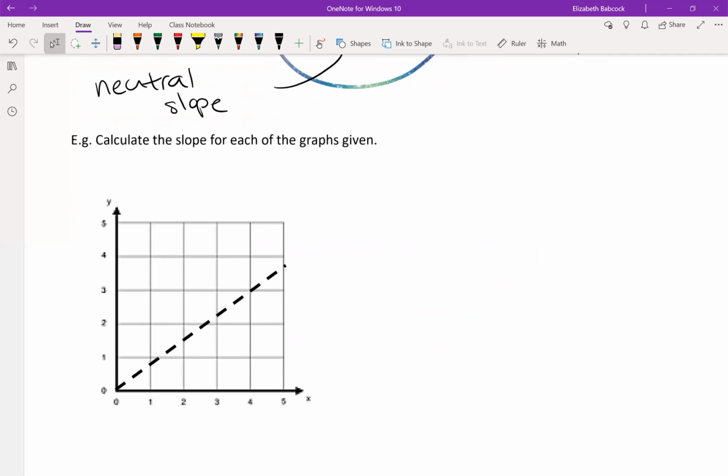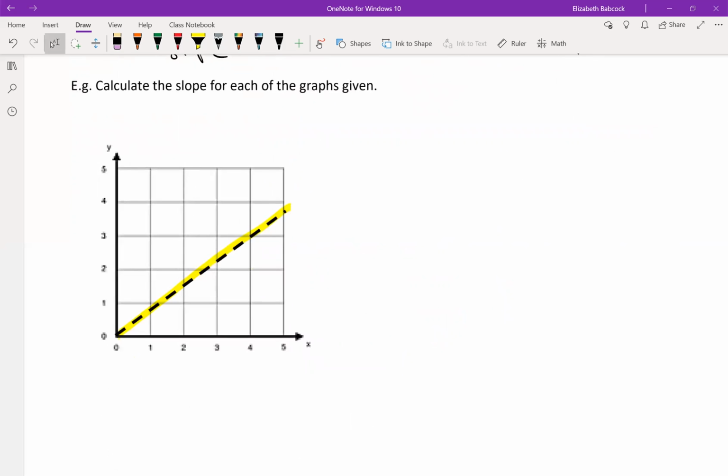So in order to calculate the slope on graphs where you aren't necessarily given the points, if we look along our line, we want to pick points where it's easy to identify what they are. Looking at this graph, there's probably a pretty good point here. Remember, points are listed x, comma, y. So this is 4, 3. Then we don't really have another good point except for down at 0, 0.